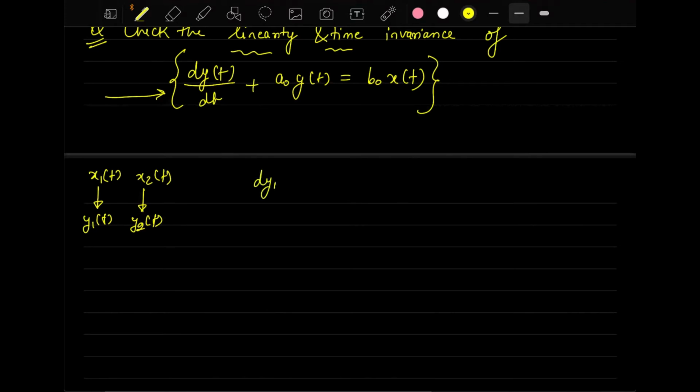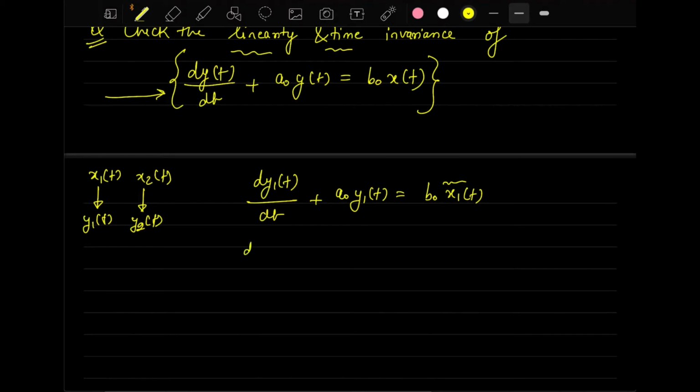So we will have dy1(t)/dt plus a0 y1(t) equal to b0 x1(t). This is when you put in an input x1, the corresponding output you get is y1.